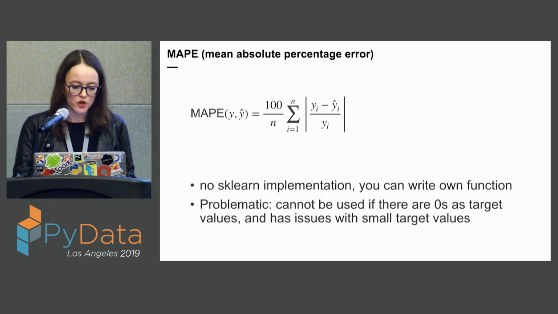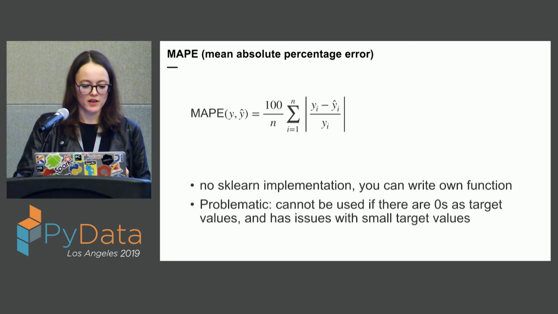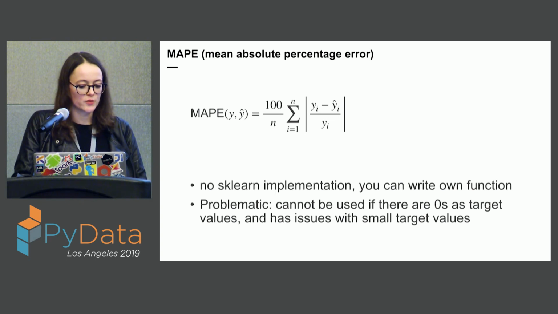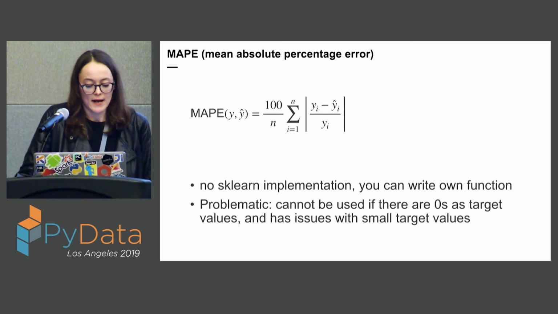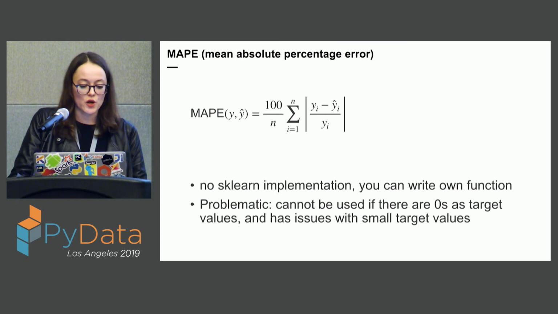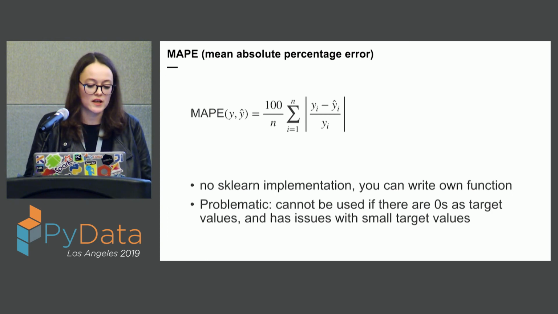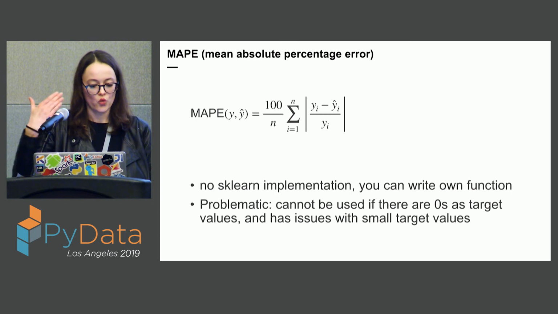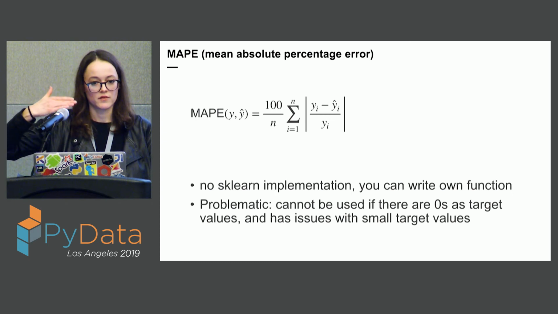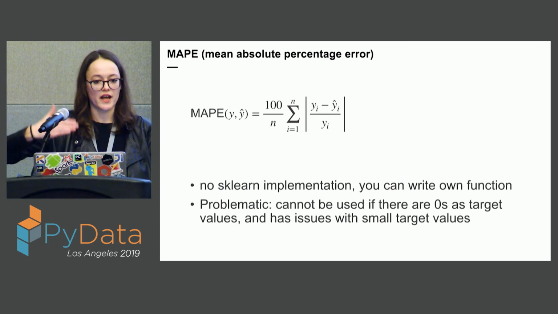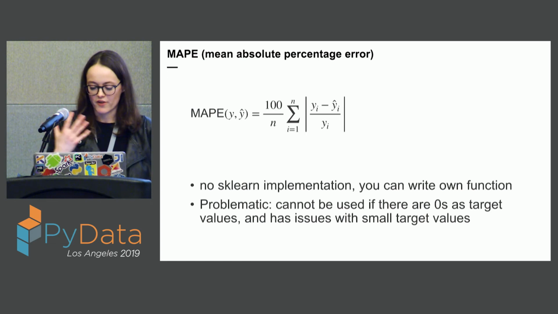One metric I want to show you that business people really like, and this is mean absolute percentage error. This one shows your error, what percent of the actual value it is on average. And this is just very easy to understand.